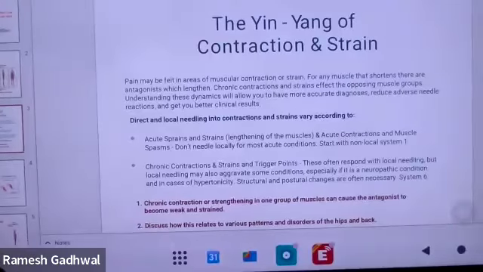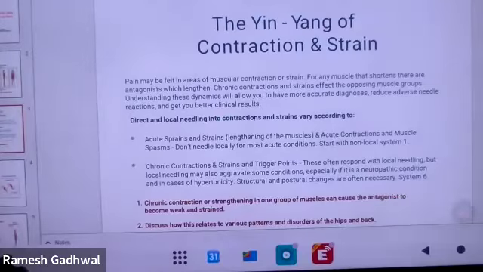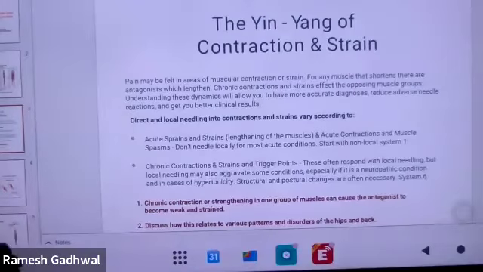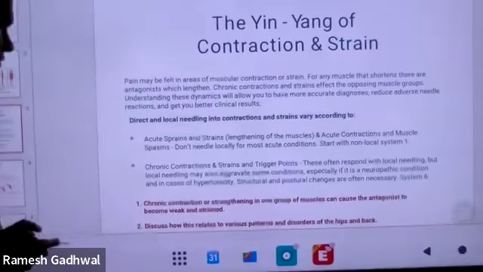Chronic contraction and strain affect the opposing muscle group. Understanding this dynamic will allow you to have more accurate diagnosis, reduce adverse needle reactions, and get better clinical results. So, the most important thing is accurate diagnosis.